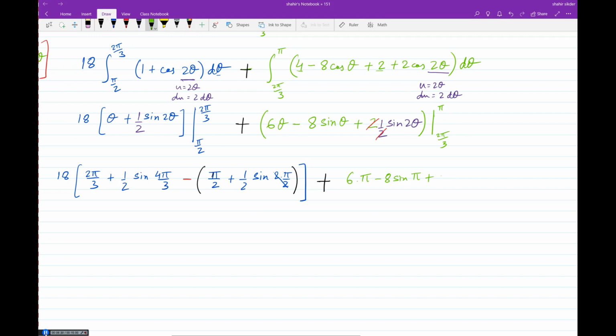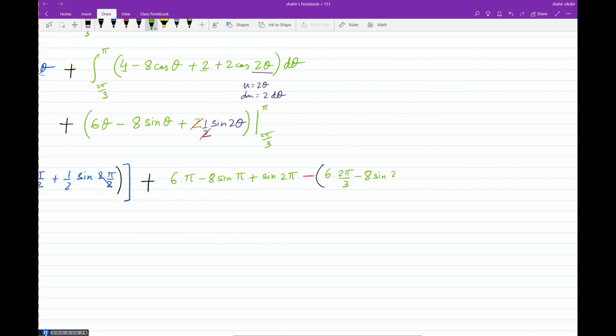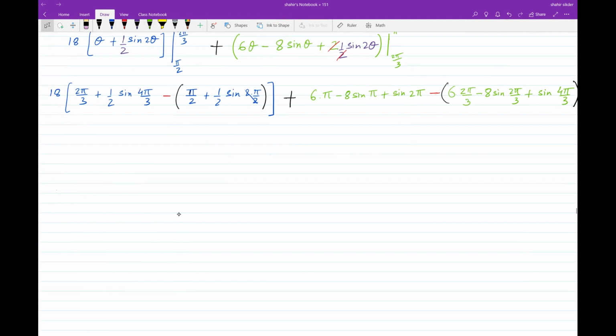So we are left with sine of 2 pi minus, make sure you embed it inside parentheses, 6 times 2 pi thirds minus 8 times sine of 2 pi thirds plus sine of 2 times 2 pi thirds, which is 4 pi thirds. Okay, now let's go ahead and evaluate them, but before we evaluate, let's simplify.